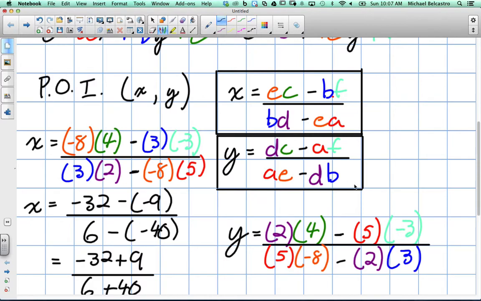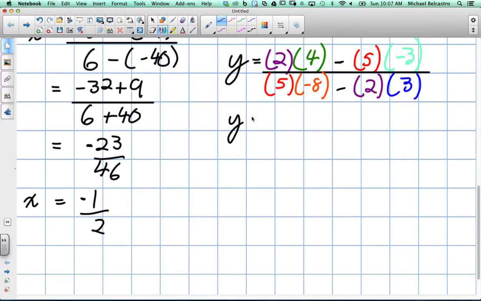So again, it's just BEDMAS from here once we've organized everything.